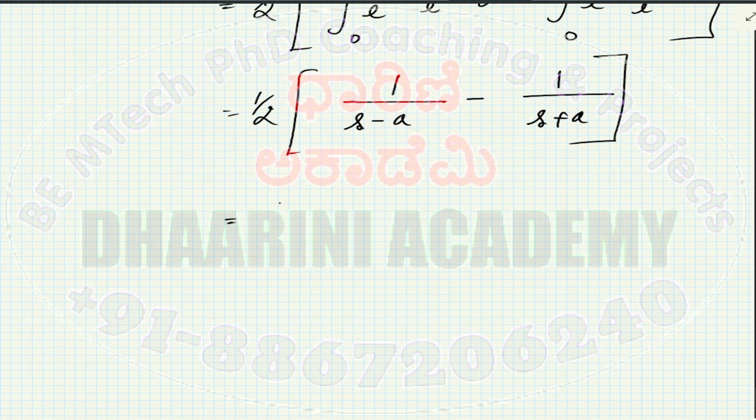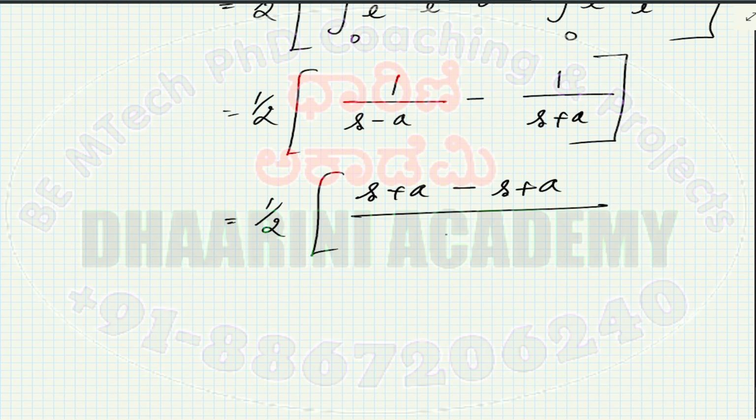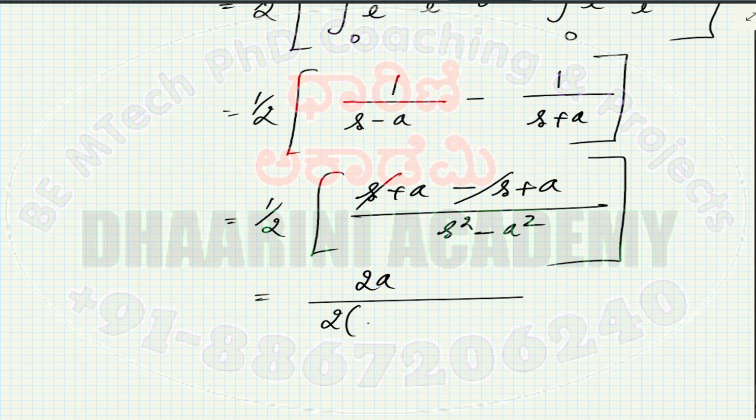So that is equal to 1 by 2 into, this is s plus a minus s minus of minus is plus a whole divided by, this is s square minus a square. So here s and s cancels, this is 2a divided by 2 times s square minus a square.